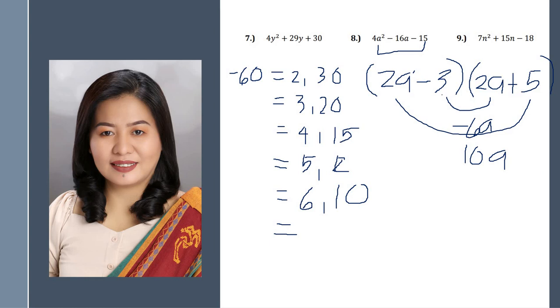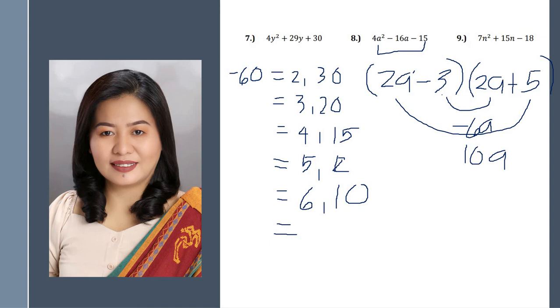So let's recheck the pairs: 2 and 30, that's 28. 3 and 20, that's 17. 4 and 15, that's 11. 5 and 12 is 7. 6 and 10 is 4.